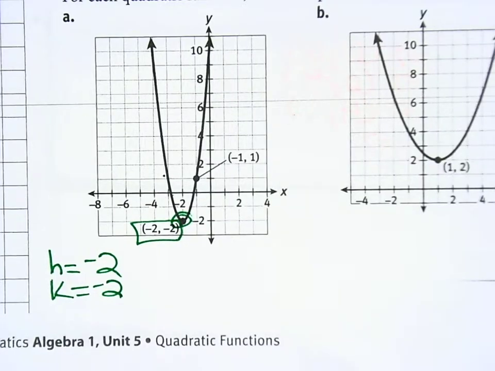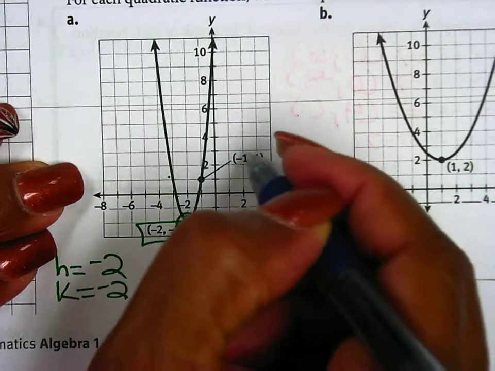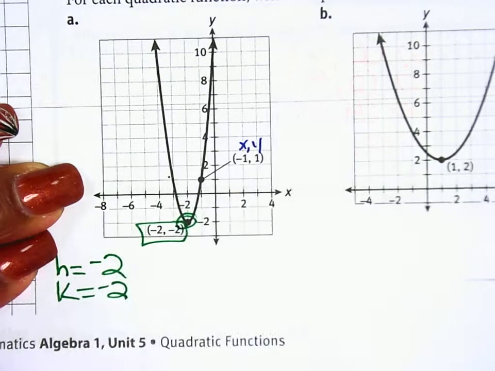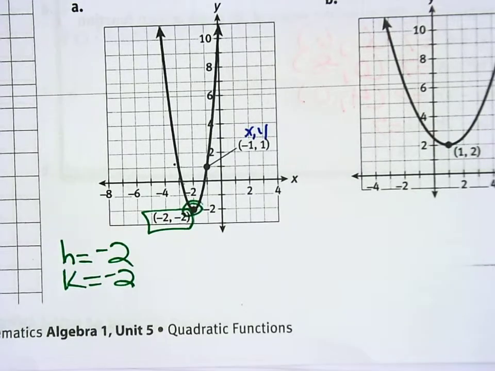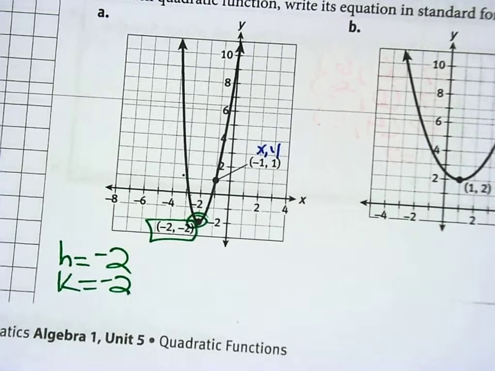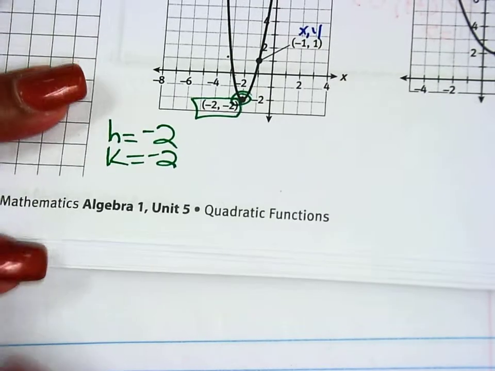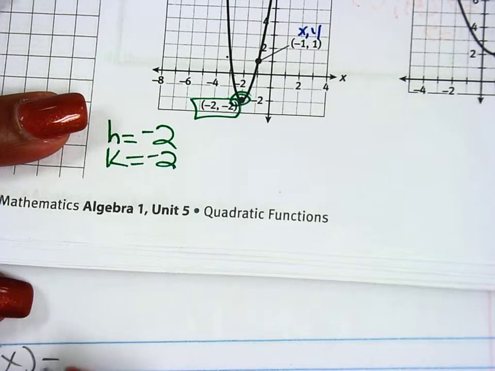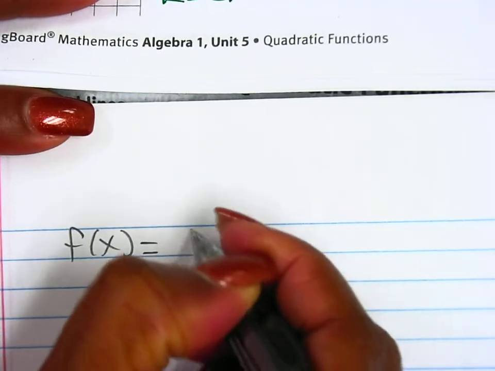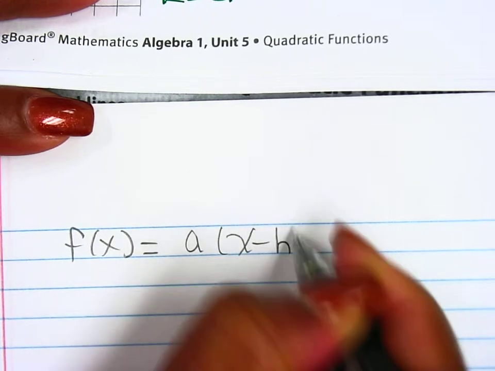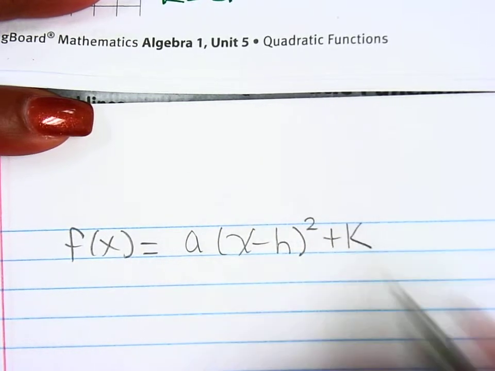So here, this is an x value, this is a y value. Now I'm going to do this on notebook paper. Let me write down my formula: f of x equals a times x minus h squared plus k.